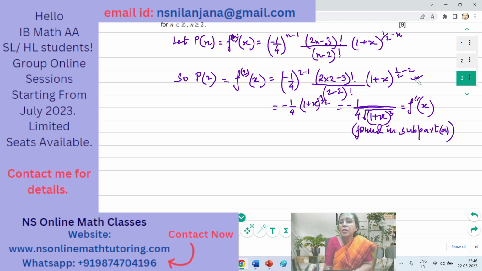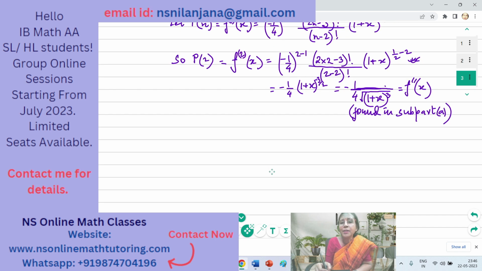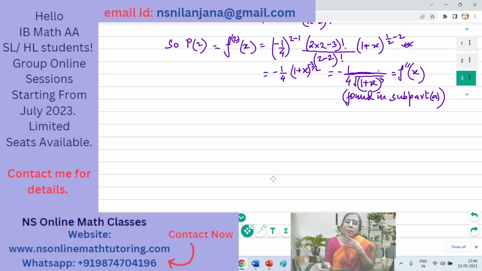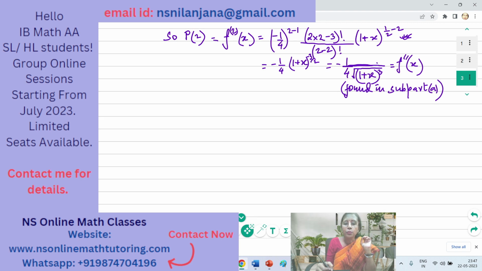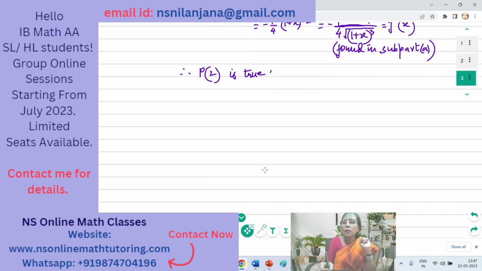So the first form is got from the question, and this is the final form after simplification, and we are seeing this is exactly the form of the second derivative of f of x that we have found by actual differentiation. So P of 2 is true. Therefore, P of 2 is true.